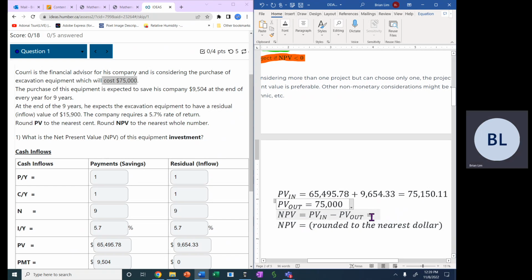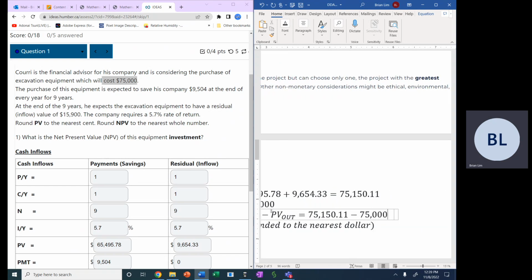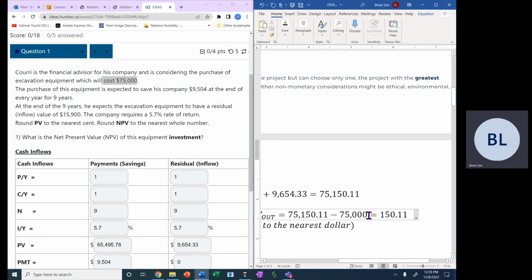Now we come down here and do the subtraction. PV in is $75,150.11 and the present value out is $75,000. If we subtract those two, we will get 150.11, correct?